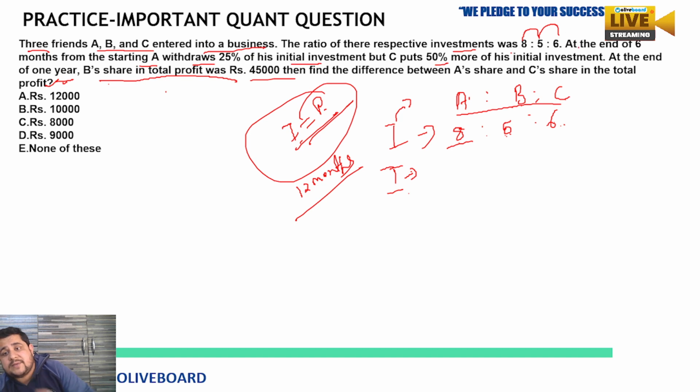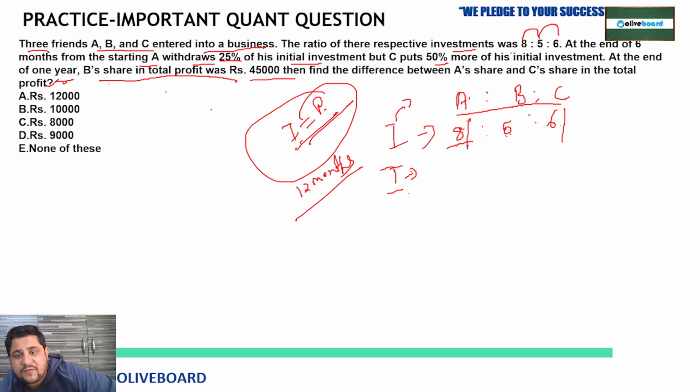Okay, total investment. At the end of 6 months, they are making some changes here. This is not the final amount by A and C, so their amount will change. See, 6 months from the starting, A withdraws 25% of his initial investment. How much does he withdraw? 25% means one fourth.